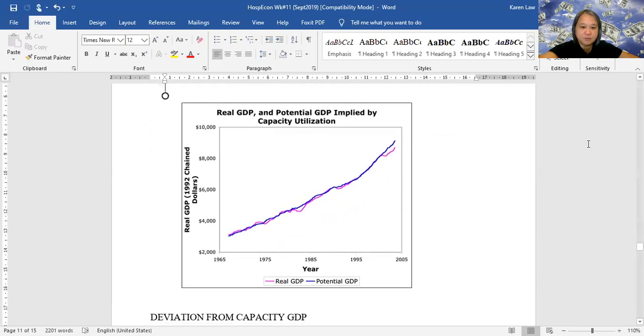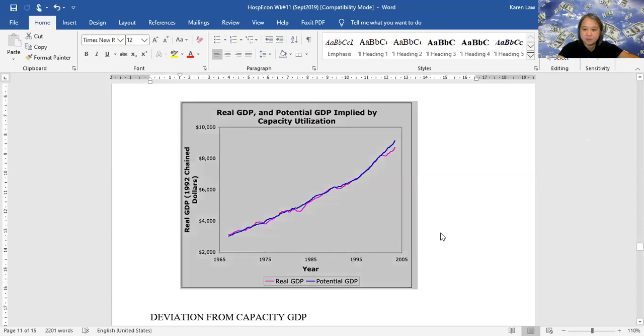So this is just a graph based on what we have here. Our blue line is potential. This is how much output we should be producing. And our pink line is the output that we are actually producing.